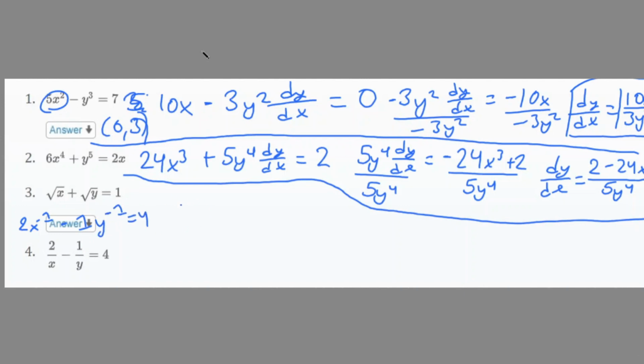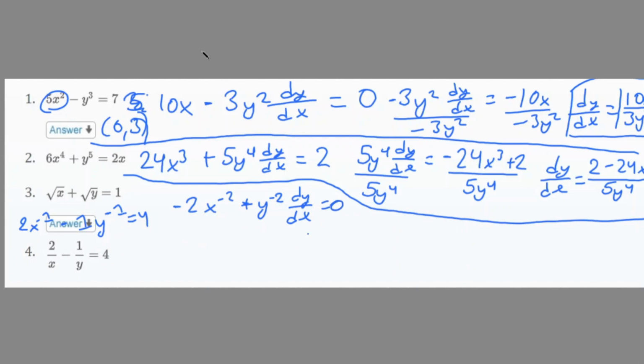So we find the derivative of that, we would get negative 2x to the negative 2 power, or rather actually plus y to the negative 2 power, times negative 2 dy/dx, is equal to 0 because the derivative of 4 is 0.